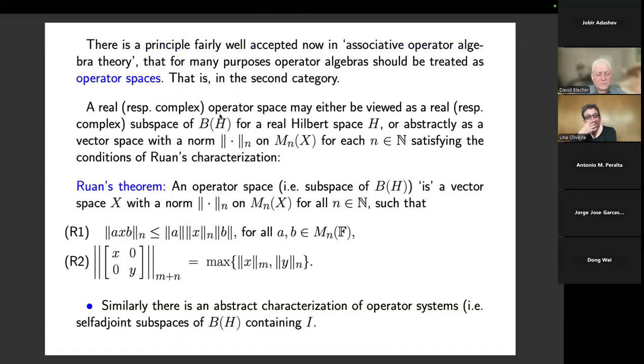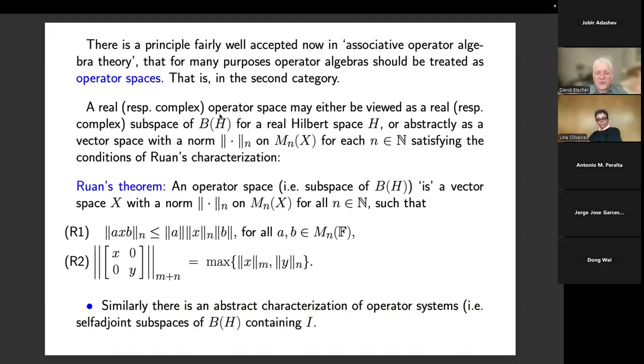It's a fairly well accepted principle now in associative operator algebra theory that for many purposes, perhaps even most purposes, operator algebras should be treated as operator spaces. That is, in the second category. And when I say operator algebras, I mean specifically non-self-adjoint operator algebras.